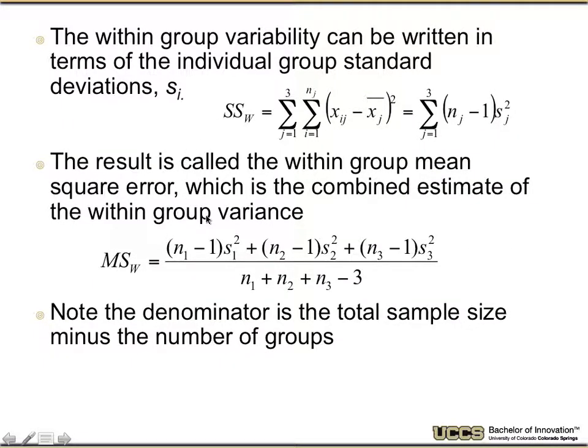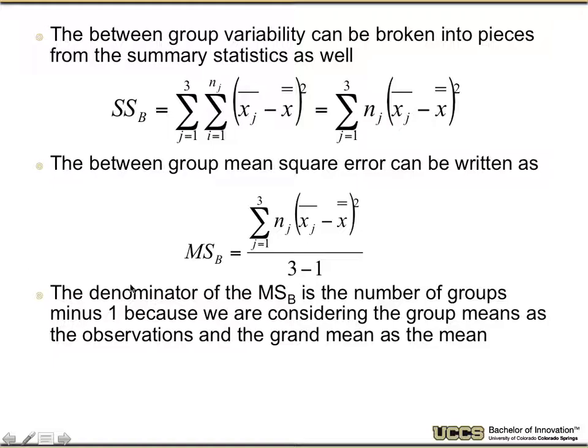So the result is that the total error is the combined result of these two parts. Some packages will report the sum of squares, others will report the mean square within group. It doesn't really matter whether it's the mean square or the sum of squares. There's obviously a scaling between them, but you should understand that.